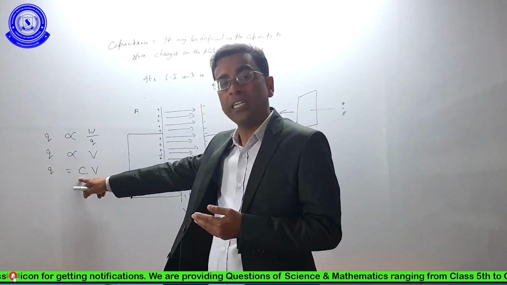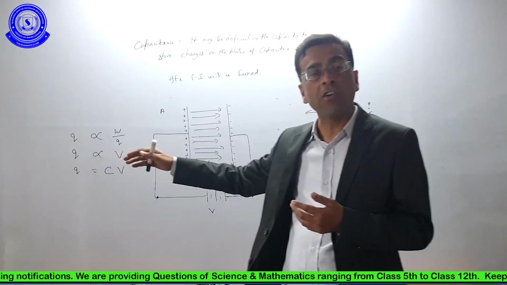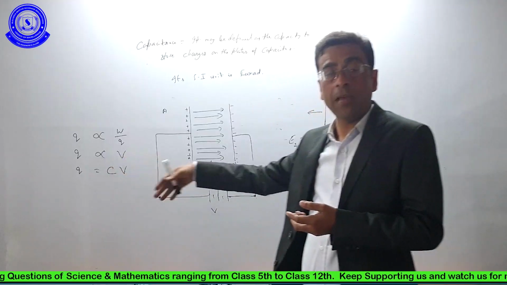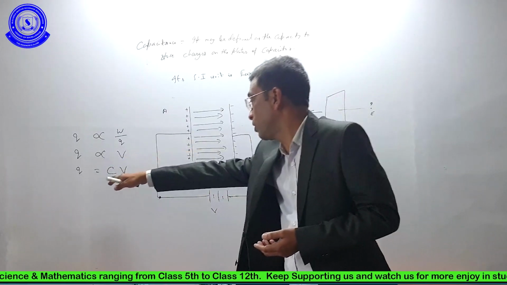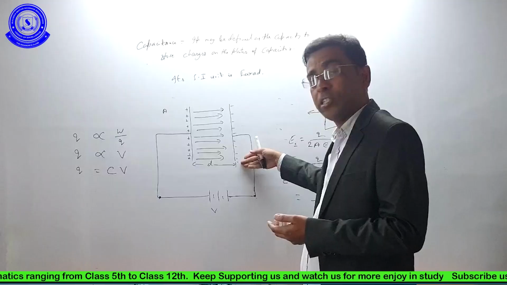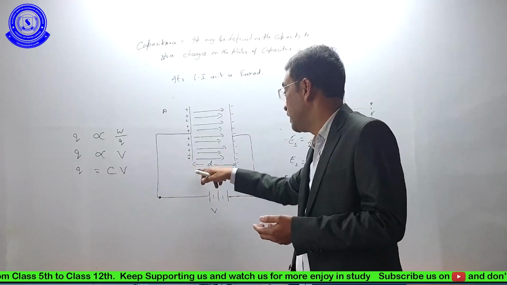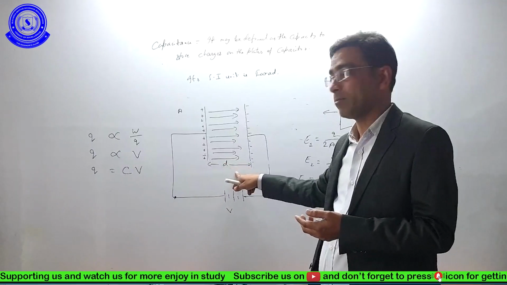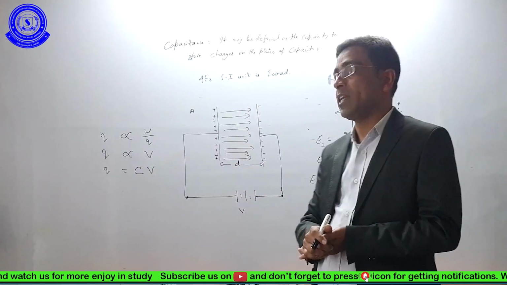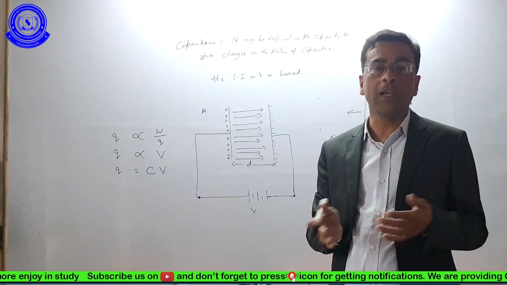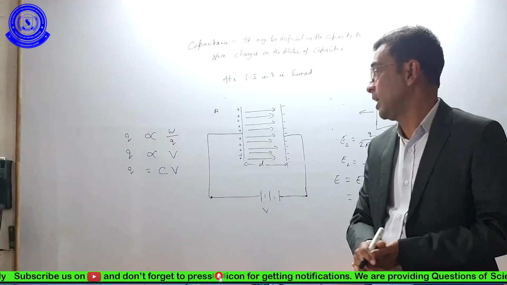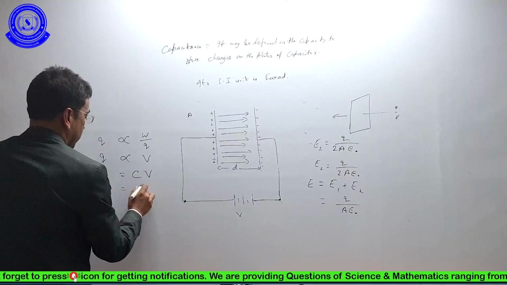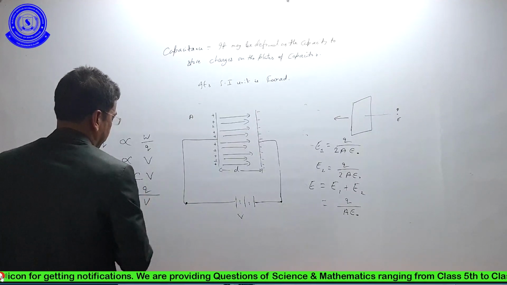It is like a constant, and it depends upon the shape of our capacitor, the area of the plates, and the distance between the plates. So we have to find the formula for the capacitance of a parallel plate capacitor, and this formula will be C is equal to Q by V.